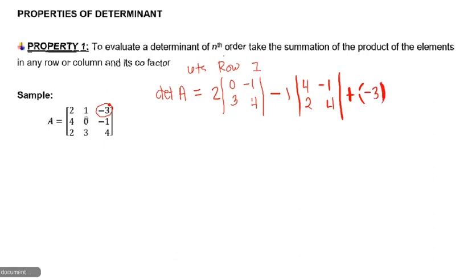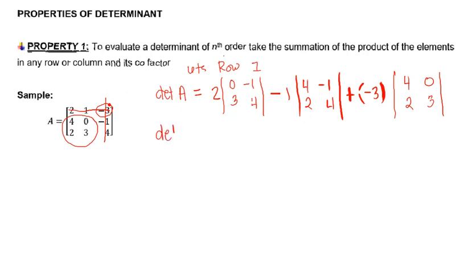So negative 3 is located at row 1, column 3. So we're gonna eliminate row 1 and column 3. So what's left over is this value. So we're gonna write 4, 2, 0, and 3. After which, we now have to evaluate this determinant of A.